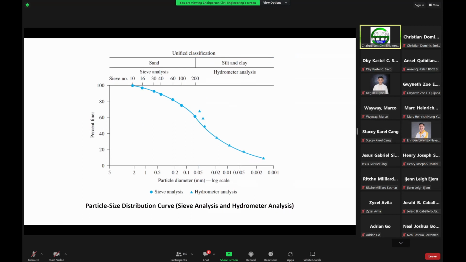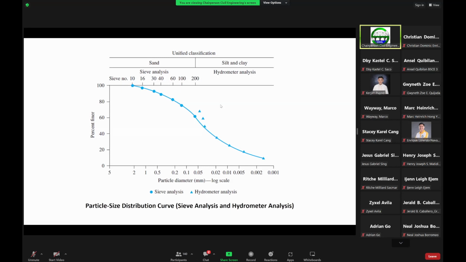This is now an example of a particle size distribution curve with some results of the sieve analysis, which is this one here, and this one here is the result of the hydrometer analysis. Then we combine the two results to have a complete picture of our particle size distribution curve.